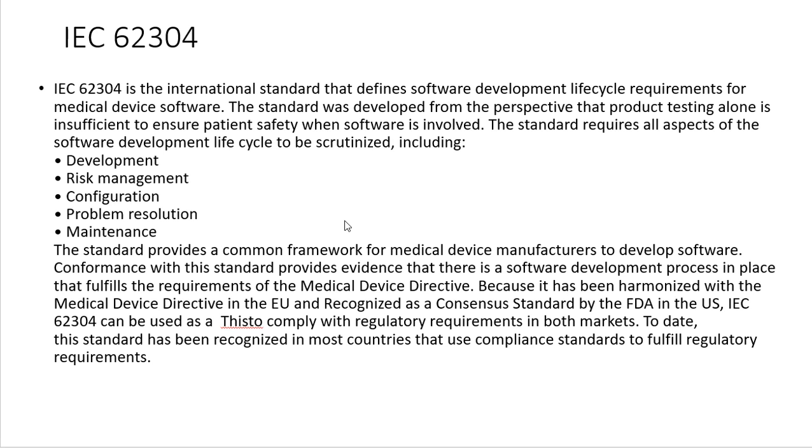It includes these key features in the software development process: development requirements and the risk management system, the system structure configurations, problem resolutions and solutions, and software maintenance after the software is released.